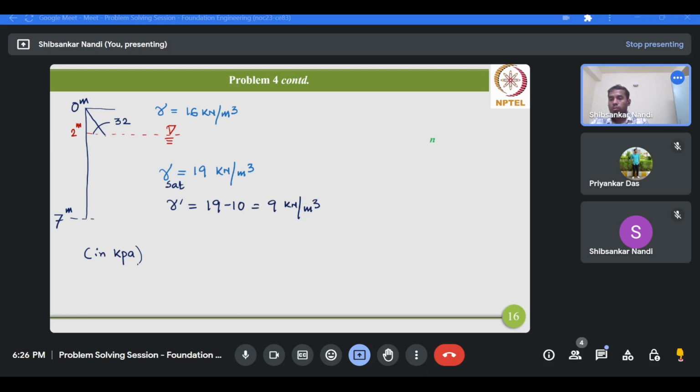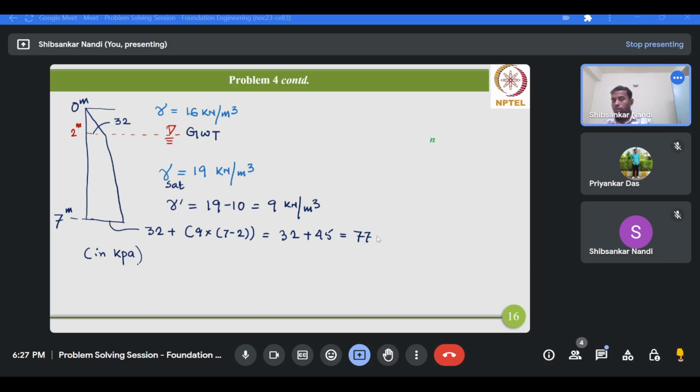This value will start from 32 at the water table location and end with 32 plus 9 multiplied by 5, that means 45. 32 plus 45 is 77 kPa.